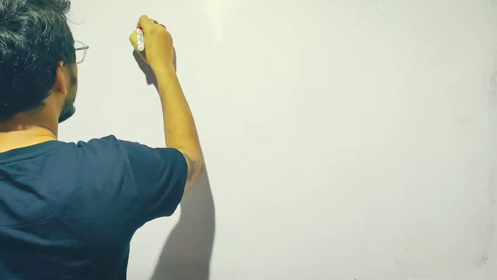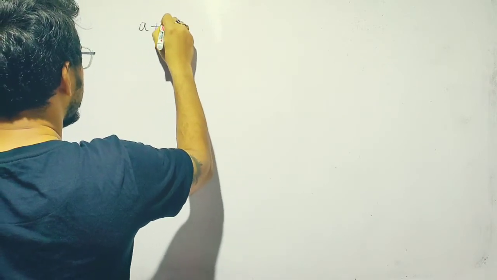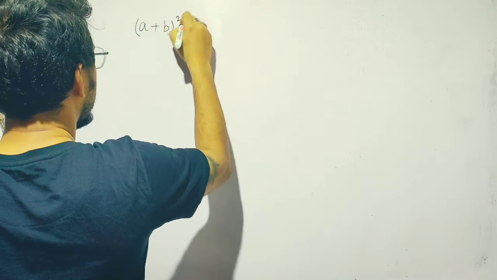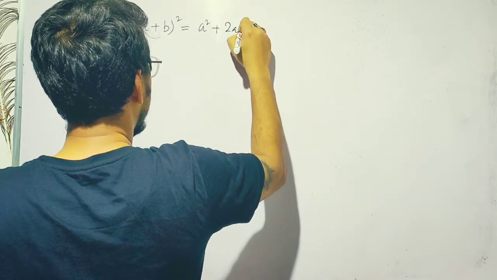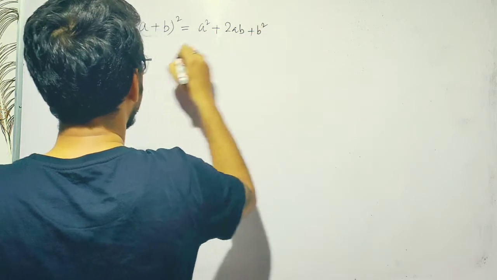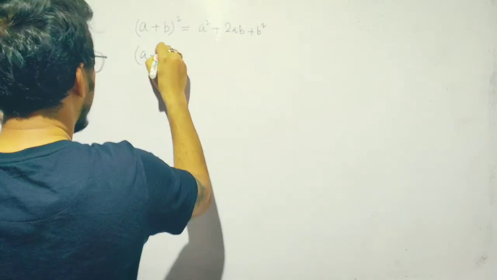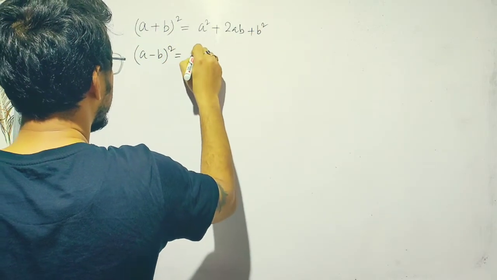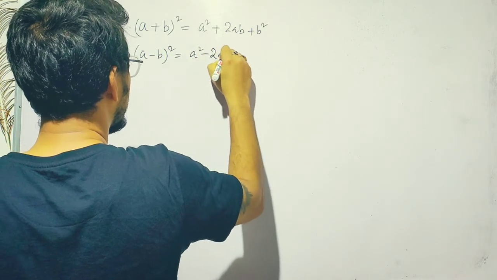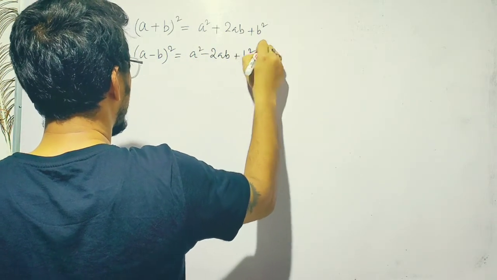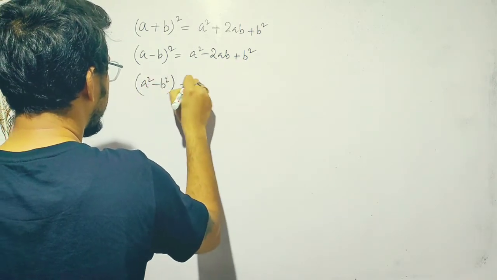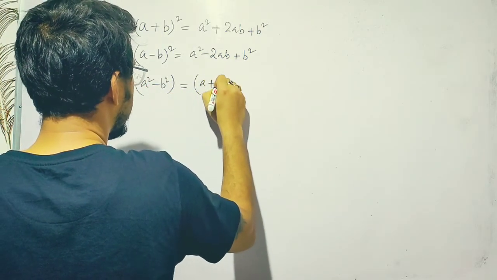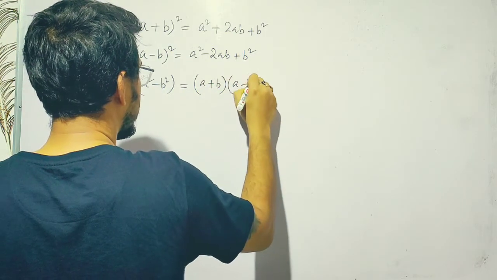So the first formula is a plus b whole square. It is a square plus 2ab plus b square. Second one, a minus b whole square: a square minus 2ab plus b square. Third one, a square minus b square: a plus b times a minus b.